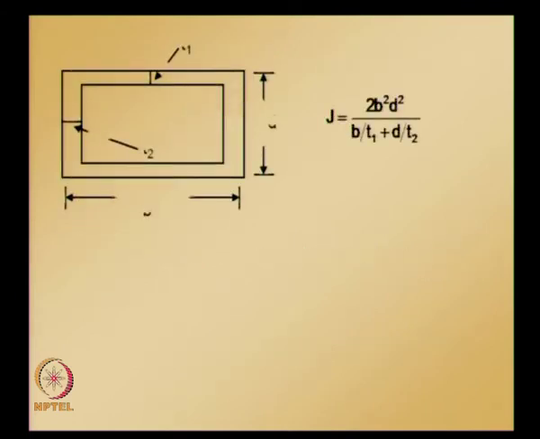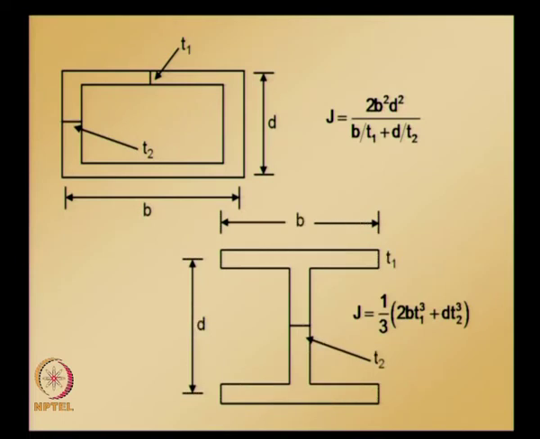For an annular rectangular section with dimensions b and d, thicknesses t1, t2, the polar moment of inertia is given by this. And for an I section with the dimensions shown there, width b, depth d, and thickness of flange and web t1, t2, J is given by this. Okay, so this is how you can get the torsional constant J.